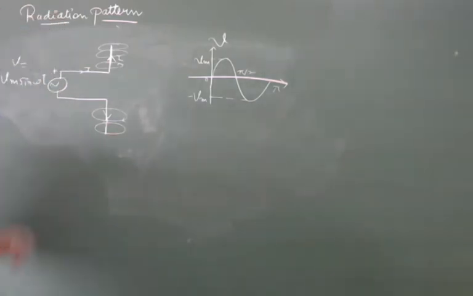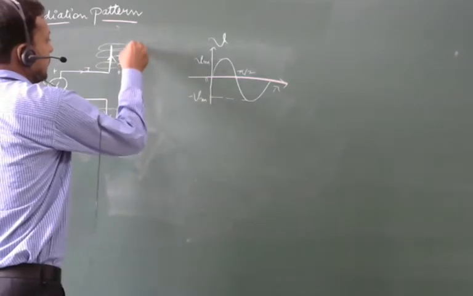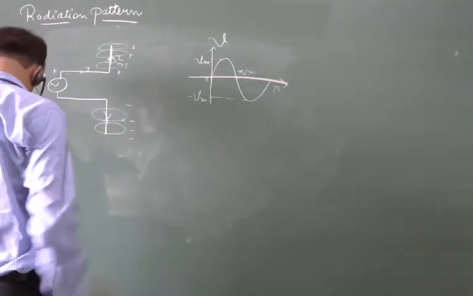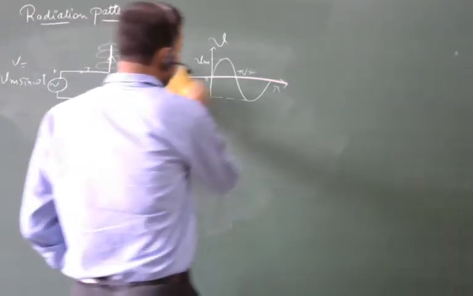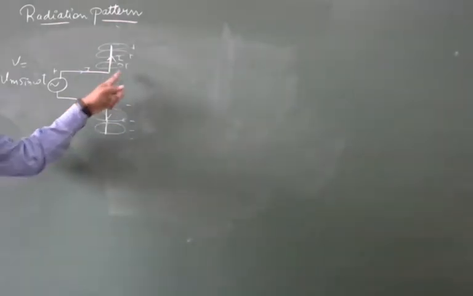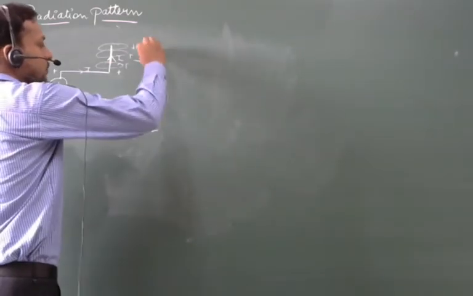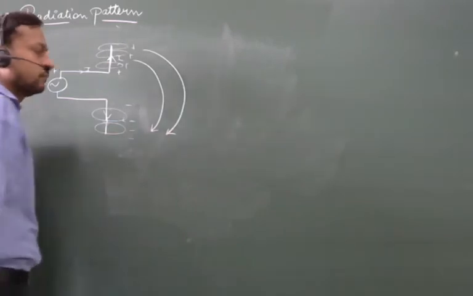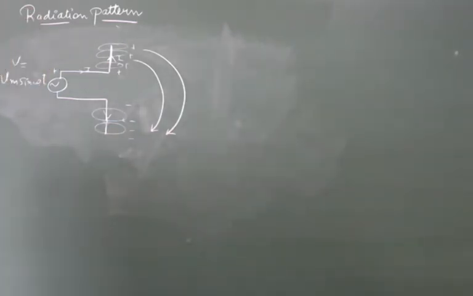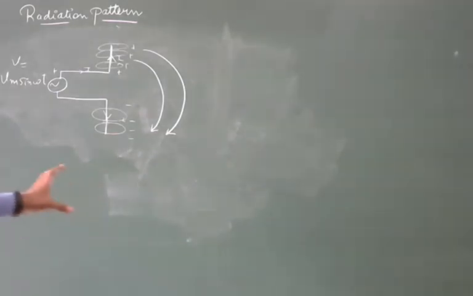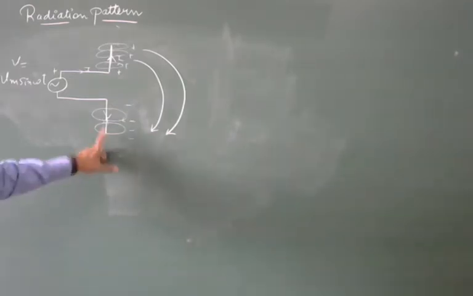This current, plus plus plus plus, minus minus minus minus, will create a polarity difference between one wire and the other wire, and due to this formation of a dipole, an electric field is created from plus to minus. So this is a little better radiator in comparison to the above circuits. So this is a dipole.